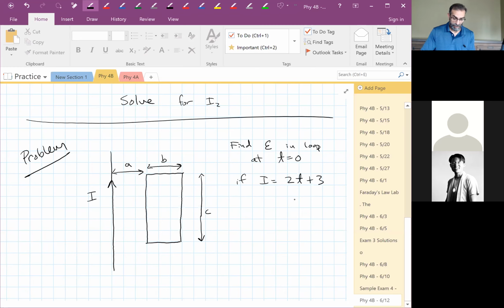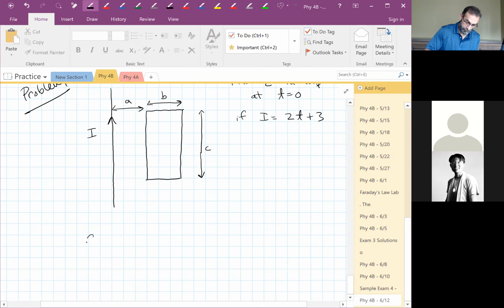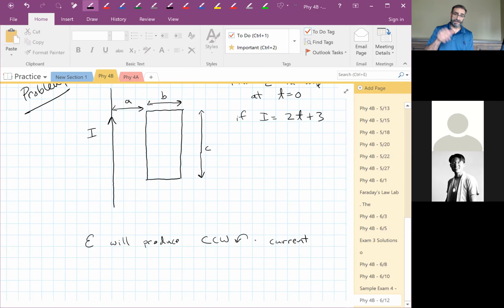In what direction would the current be generated in that loop? Because the magnetic field is into the page and it's getting stronger and stronger and stronger.